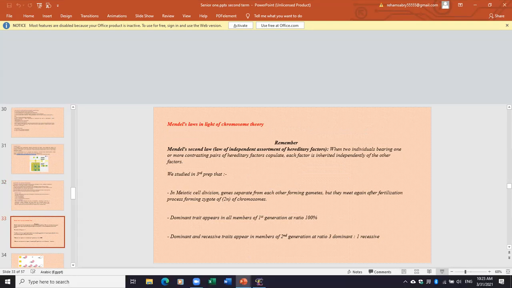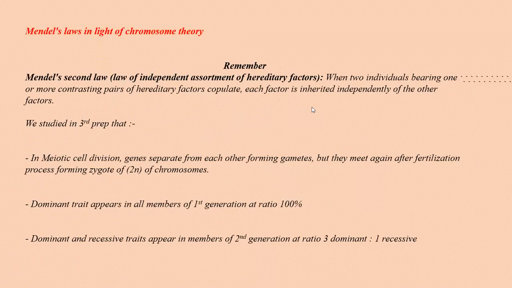Okay, let's start now to see the other, non-Mendelian characters. Here let's remember some things. When two individuals bearing one or more contrasting pairs of hereditary factors, each factor is inherited independently, like the seed shape was inherited independently of the color.